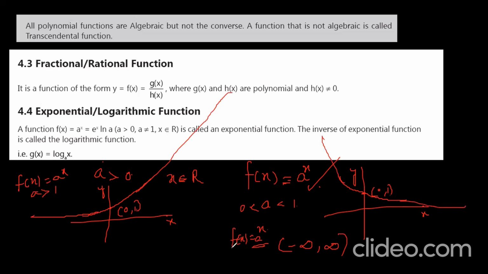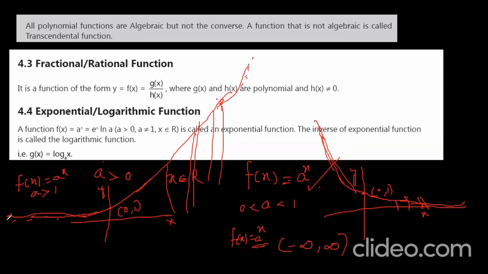Minus infinity to plus infinity. You can give any values to this. But if you observe the y values, the f of x values, you are getting negative infinity to positive infinity. You are giving values like this for x, and you are getting values of y also, plus infinite and minus infinite.